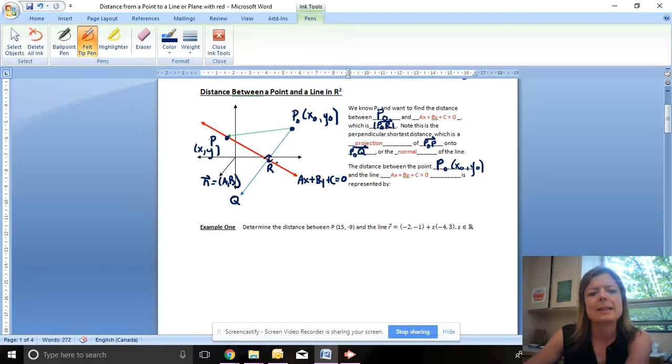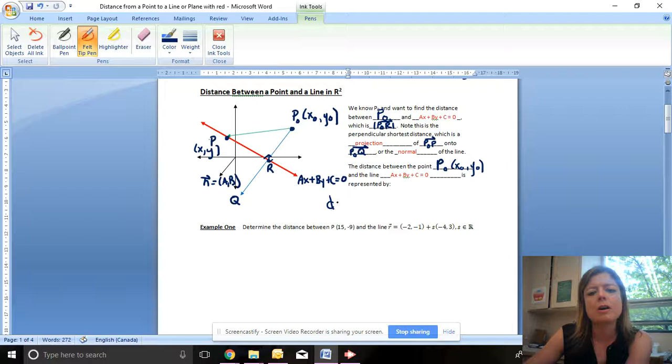You notice it hits at a 90-degree angle. This is actually a projection of P0P, where P is any point on the line, onto the normal. So basically, it's a projection of any vector onto the normal. The distance between the given point and the line is represented by this formula.